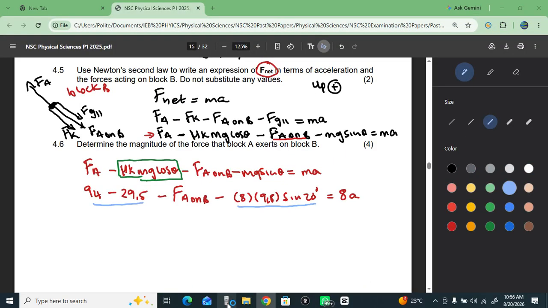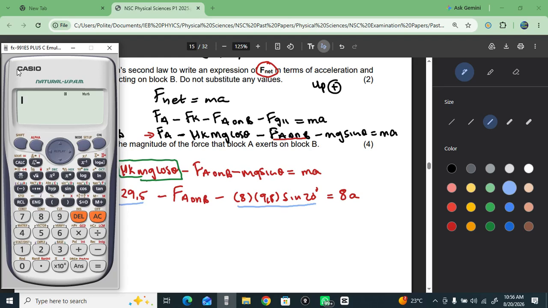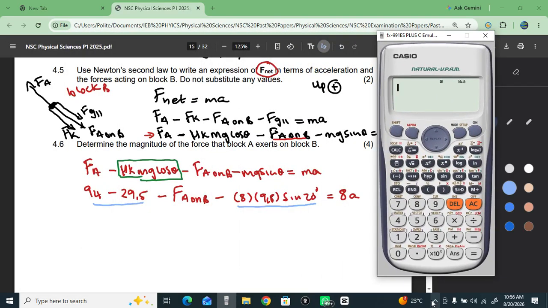So this will be 94. We need to take 94, and then we're going to subtract 29.5, and then we're gonna subtract inside the bracket, that's 8 into 9.8, the sine 20. This gives us 36.69 if we round it off to 2 decimal places.